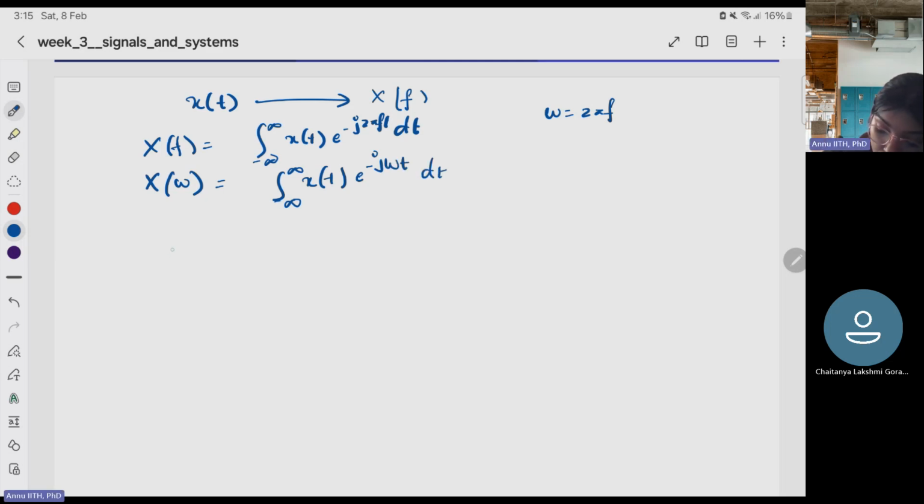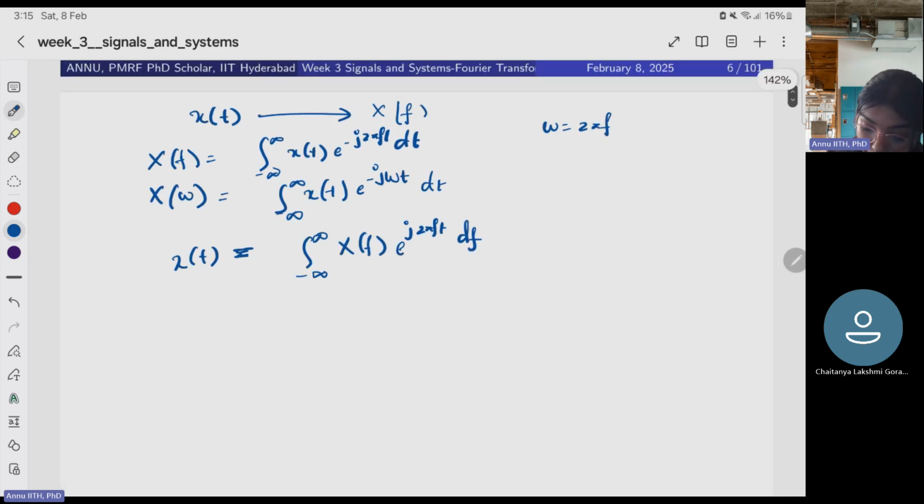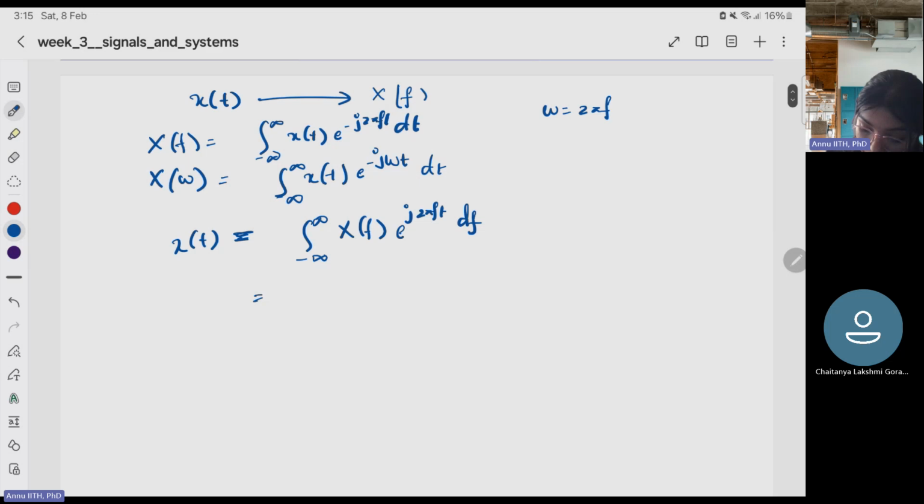Now, what is the inverse Fourier transform? x(t) from X(f) is the integral from minus infinity to infinity of X(f) e^(j2πft) df. Now omega is 2πf, so how will you represent this in terms of omega?